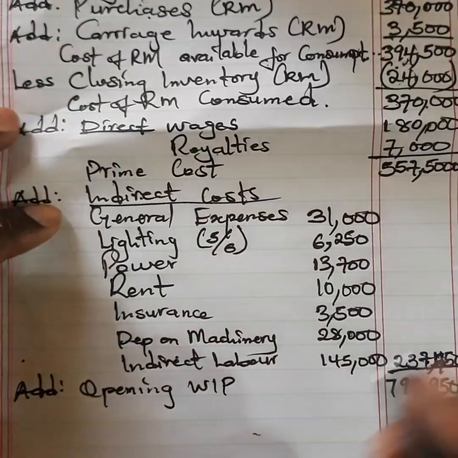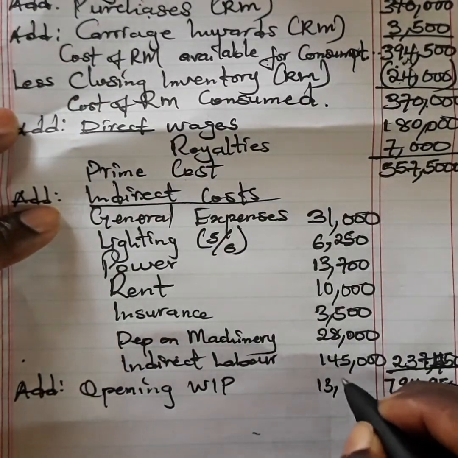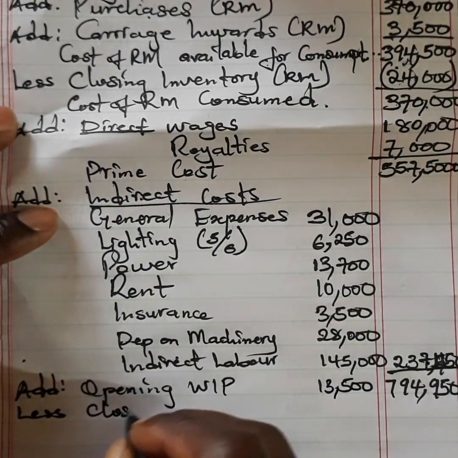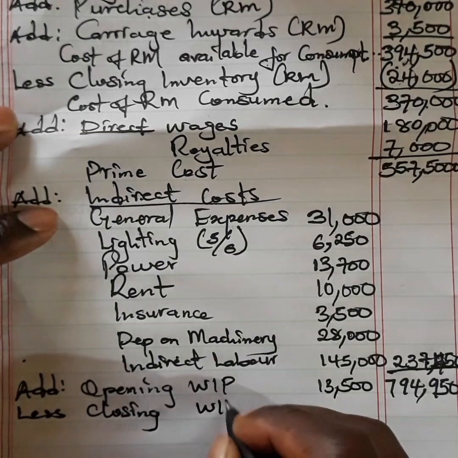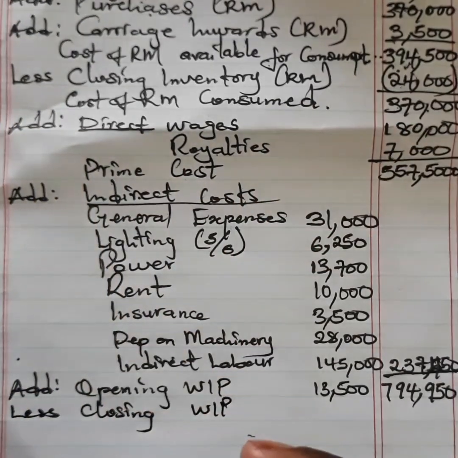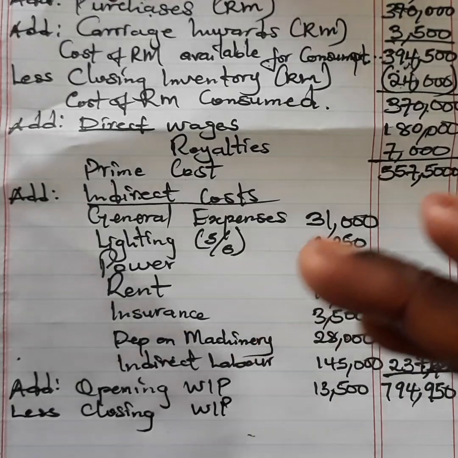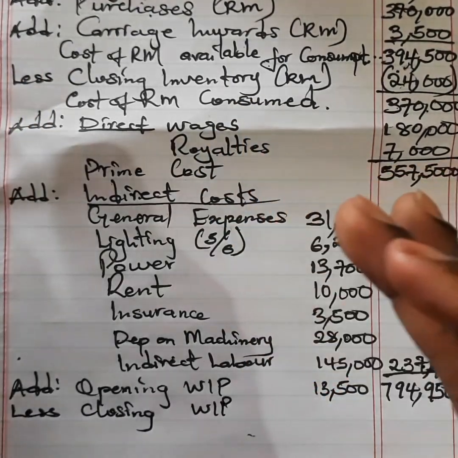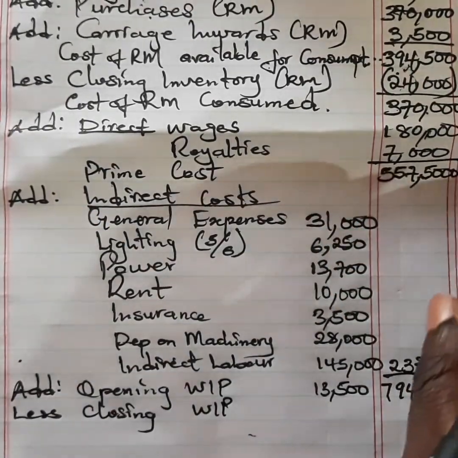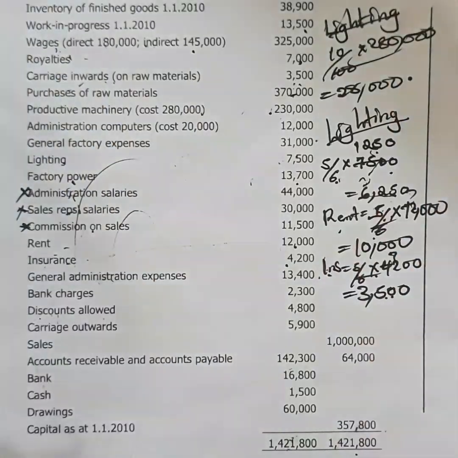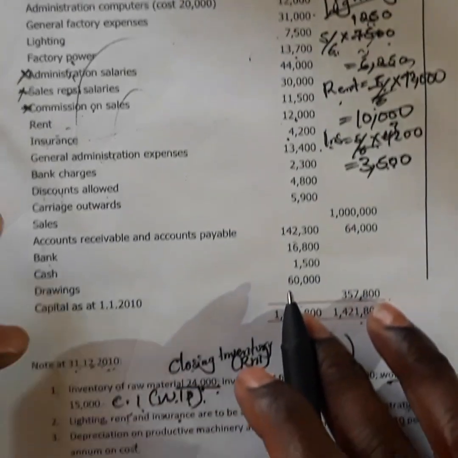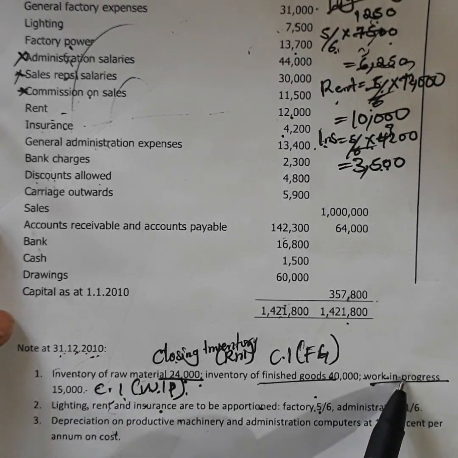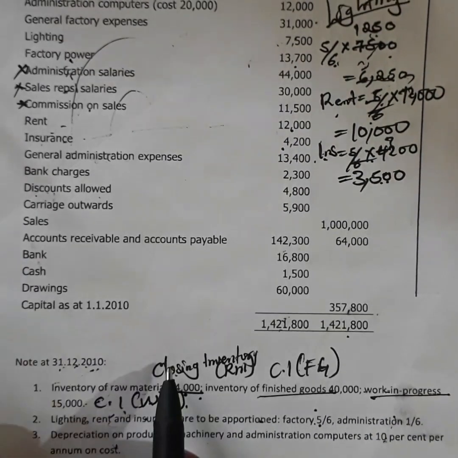We less closing work in progress. We want to get the value of the products that were still under production, so that you can know the cost which will be added to the other cost. And the closing work in progress we were given as inventory was 15,000. The work in progress on 31st December was 15,000.